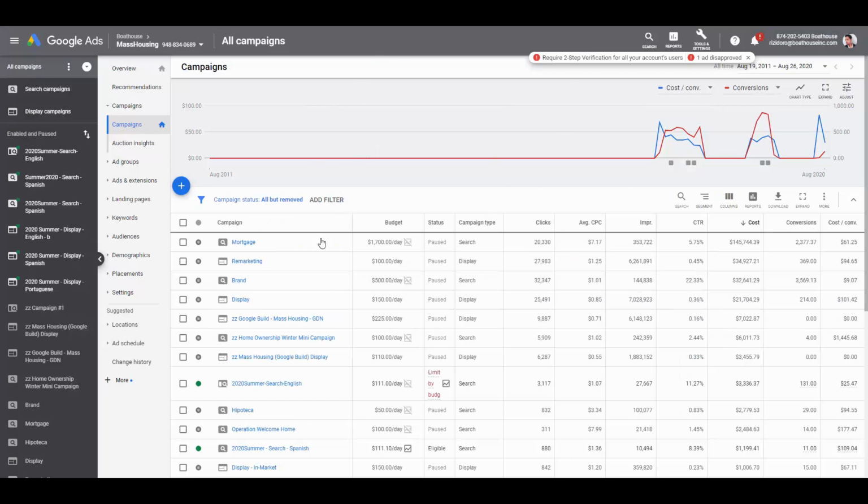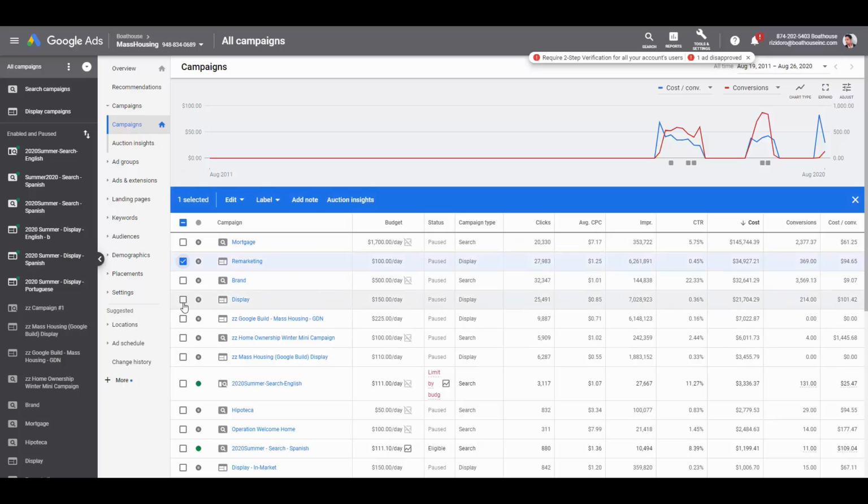Now let's take a look at Mass Housing. If you're in Massachusetts, you're probably familiar with this brand. They provide a lot of home loans for affordable housing. And here we have a search campaign. I'll just highlight the display campaigns. So when you look at it, this is a general campaign right here.